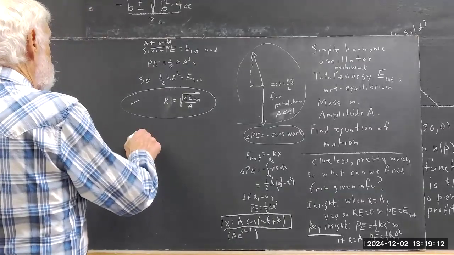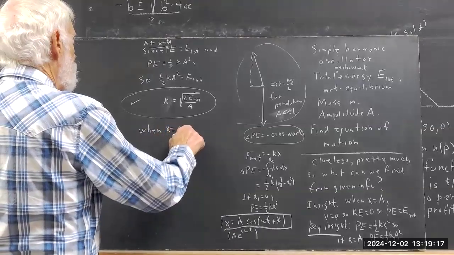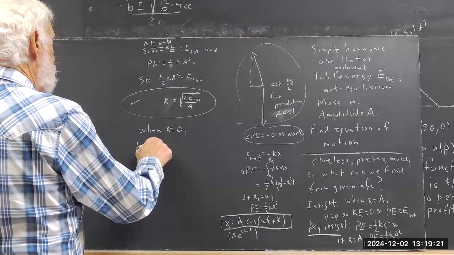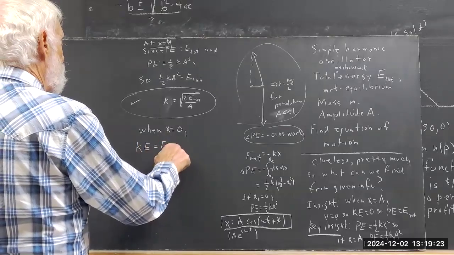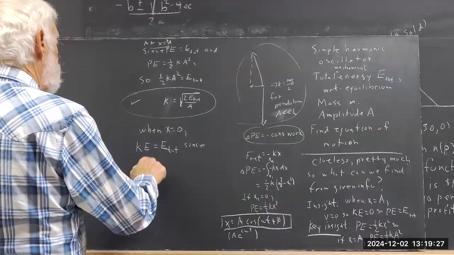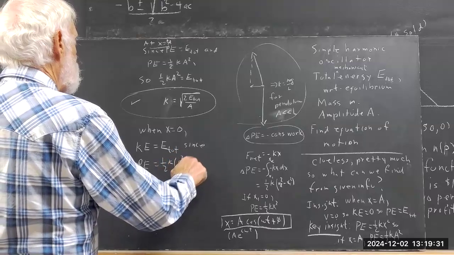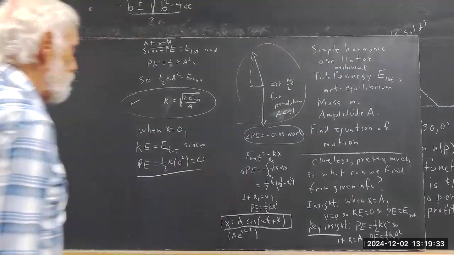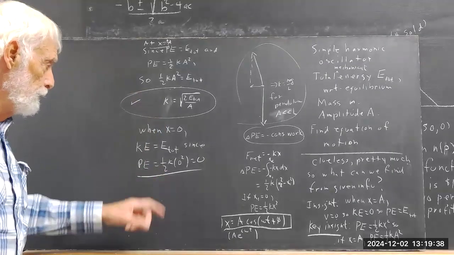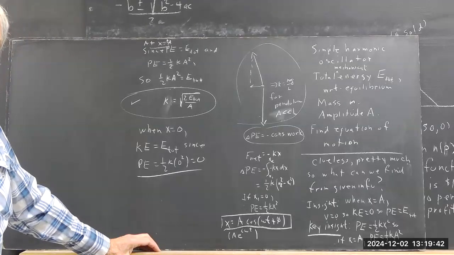Now, when x equals 0, kinetic energy is equal to total energy, since the potential energy is calculated from 0, right?